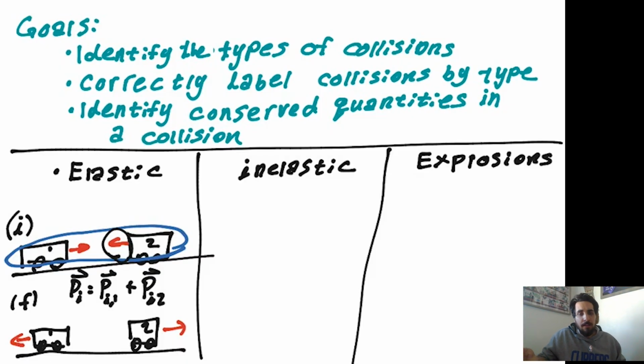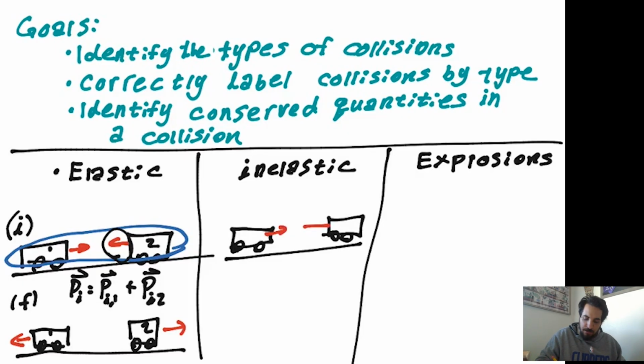What about inelastic collisions? Inelastic collisions are of the type where we have two objects heading towards each other. We'll start again with these two carts, cart 1, cart 2, heading towards each other. This is our initial case.